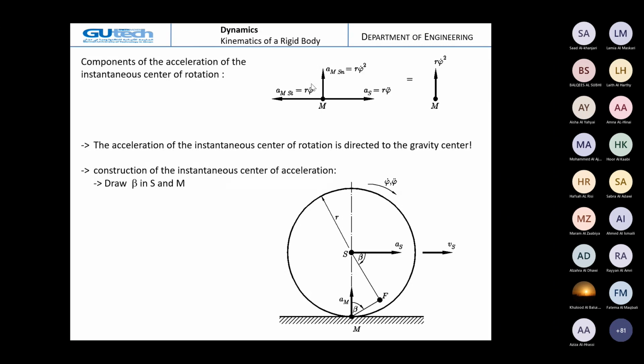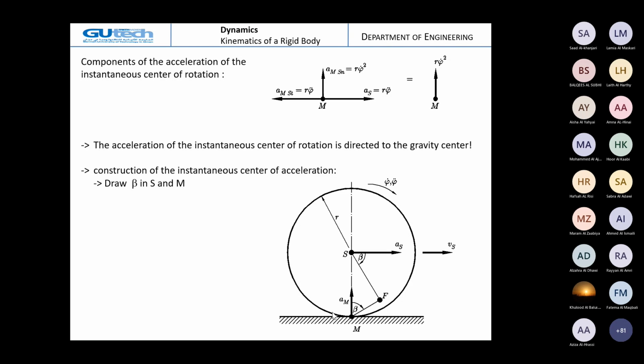Now, with the normal one, we make an angle beta and draw the line, and the same for AM. In this case we also draw the angle beta clockwise, and the intersection of the two lines gives the instantaneous center of acceleration.